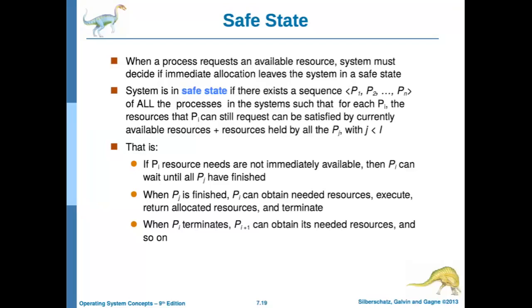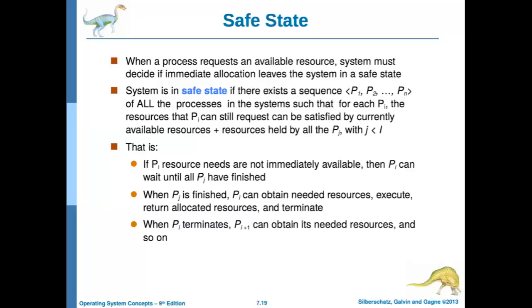Now the meaning of this is very simple actually, even though in mathematical writing it seems somewhat difficult. In layman's language, we can grant the resource to the process Pi if and only if we can still continue execution of all the processes.